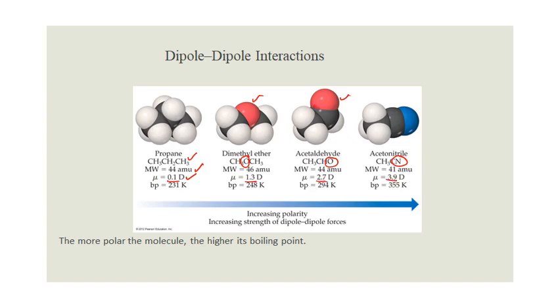So what happens here is the polarity increases. When the polarity increases, the dipole-dipole attraction increases. When the dipole-dipole attraction increases, that gives a stronger IMF. So that stronger IMF results in a higher boiling point. So that's how we can explain the properties based on the IMF.